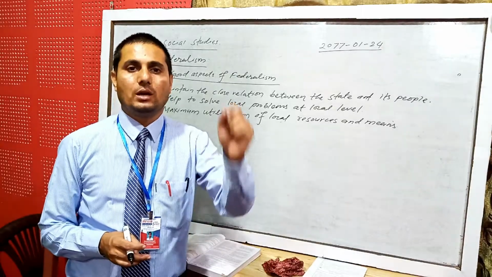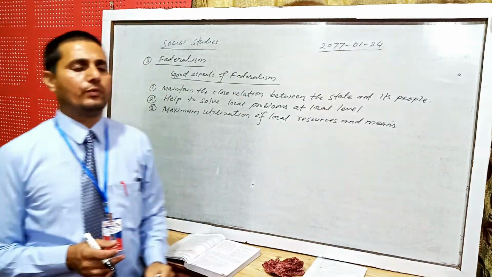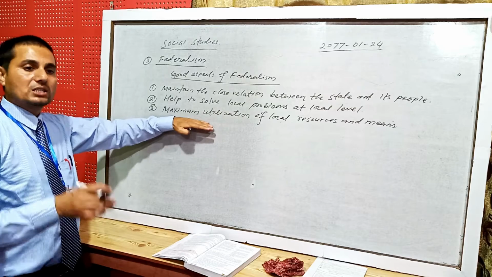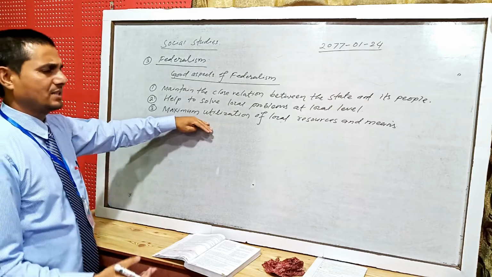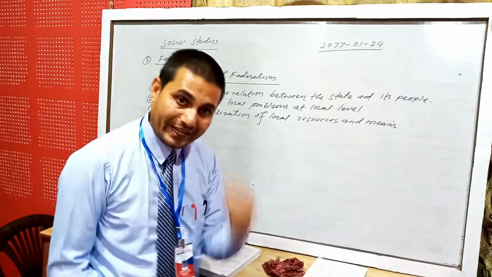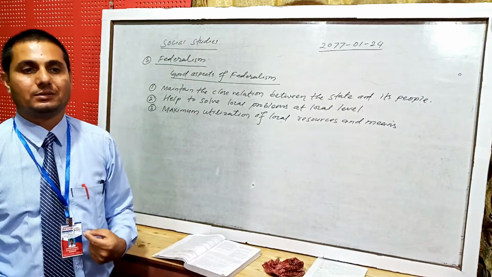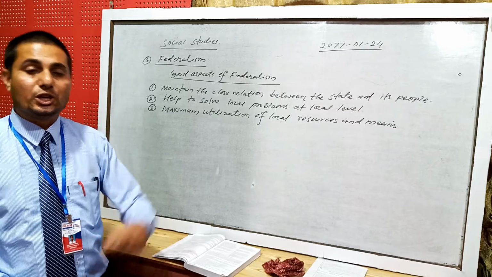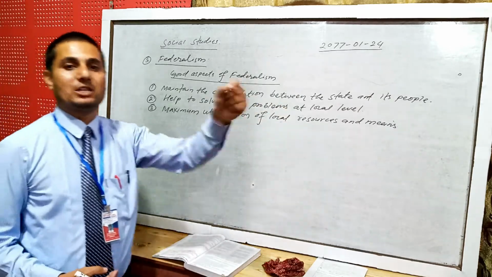Another important aspect of federalism is the maximum utilization and mobilization of local resources and means, in which local people are employed. The economic prosperity of local people is possible.